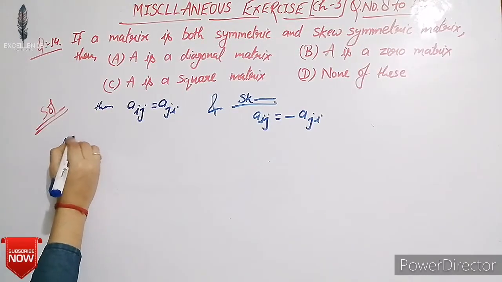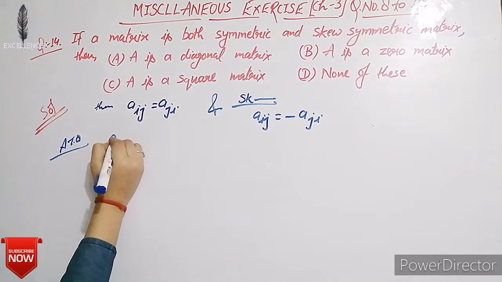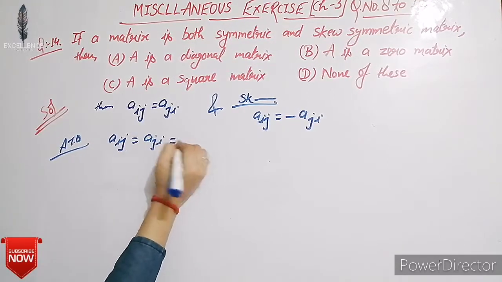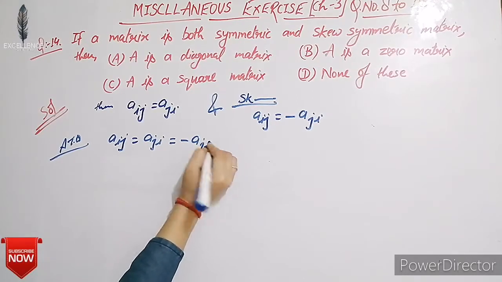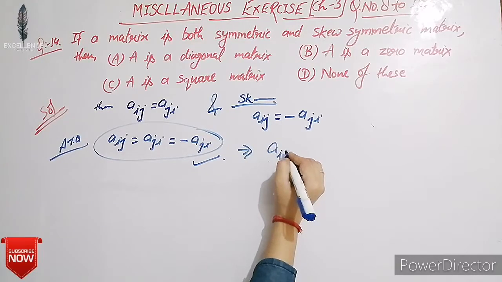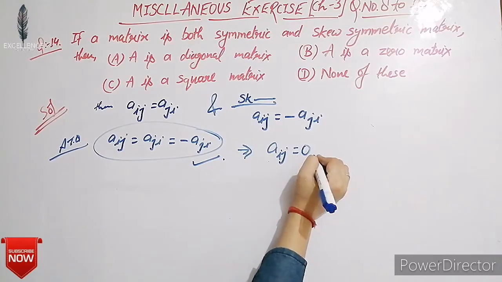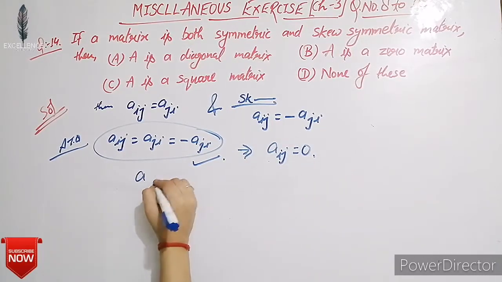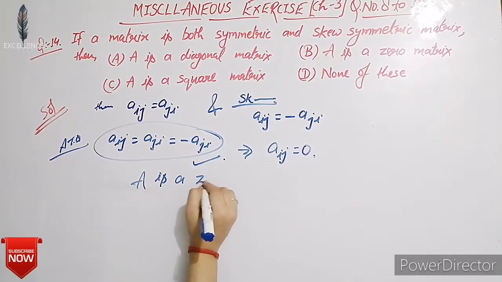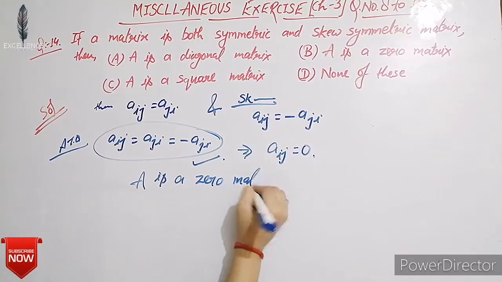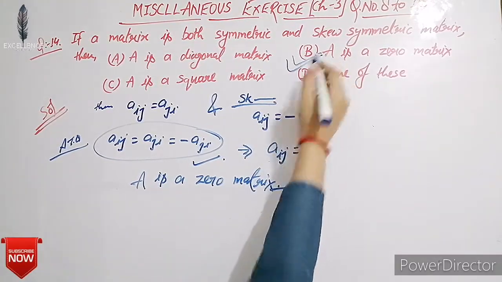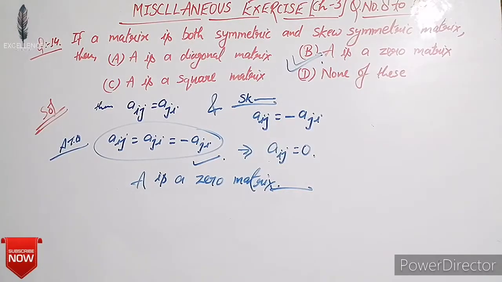According to the question, the given matrix is both symmetric and skew symmetric, it means Aij is equal to Aji is equal to minus Aji. That is true only for the zero element. It means that Aij equals 0. So clearly the given matrix A is a zero matrix. Okay. So here option B is the correct answer. A is a zero matrix.